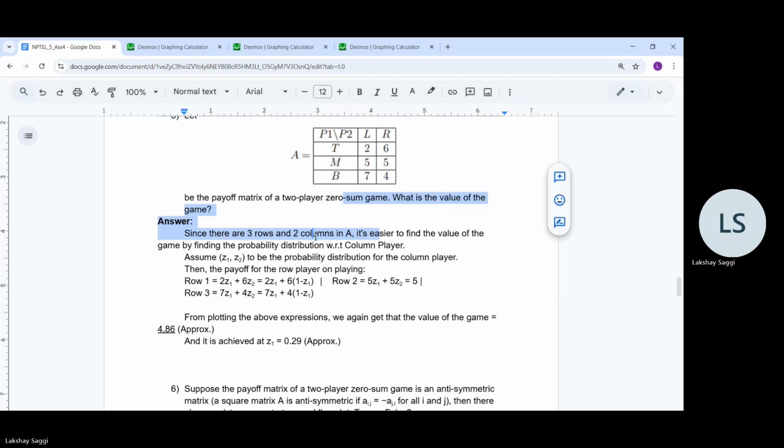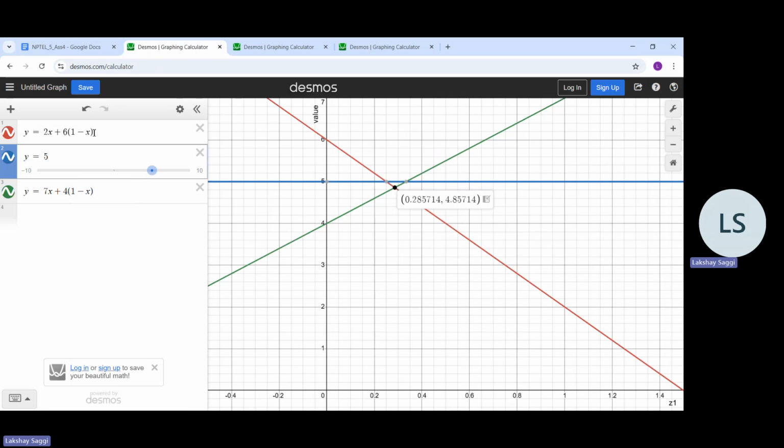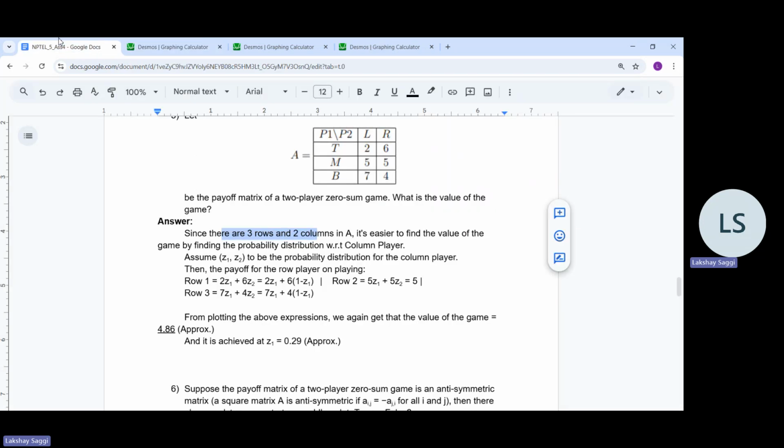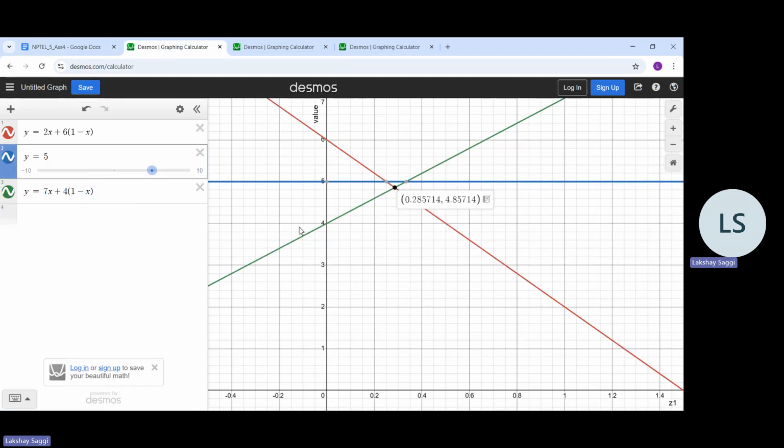It should really be this, because if we choose the column probability as Z1 and Z2, row 1 will be something like 2Z1 plus 6Z2. So this is what we have actually plotted. Then the second row will be 5. And the third row will be like 7Z1 plus 4 times 1 minus Z1. And so these really are the values which we want to see. And what we are doing is max.